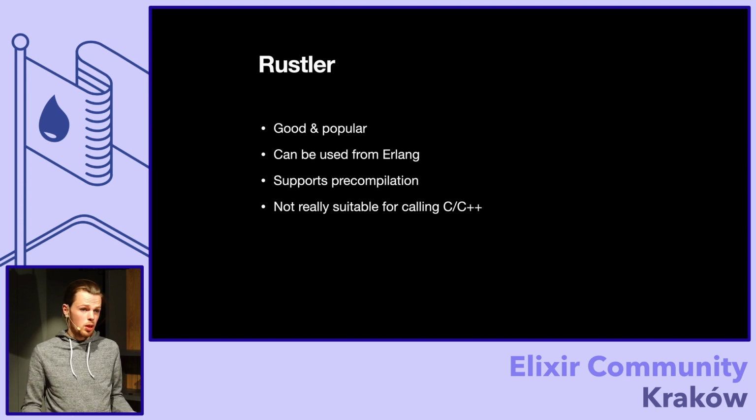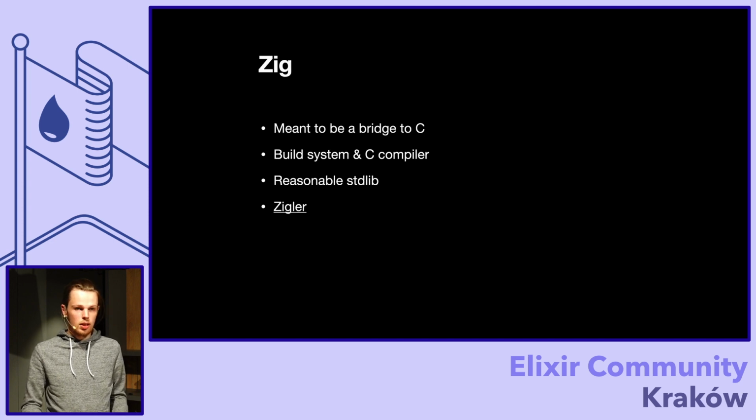The first between BEAM and Rust, and the second between Rust and C or C++. So we have an additional language only to call the C or C++ function, which is pretty much overhead, and we're not using Rust's potential. So in that case, there are better options out there, and one of them is Zig.